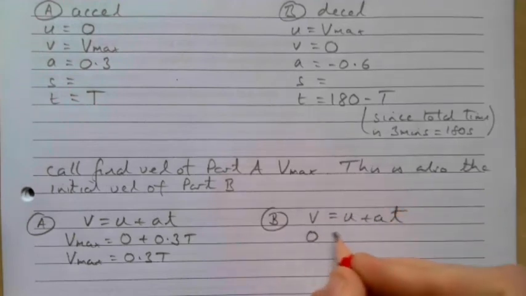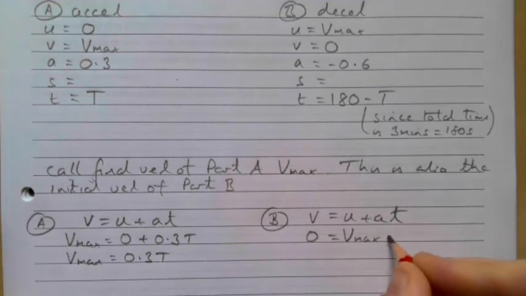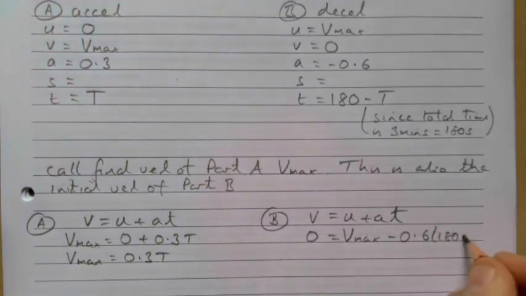Final velocity is 0 equals V max minus 0.6 times (180 minus T).